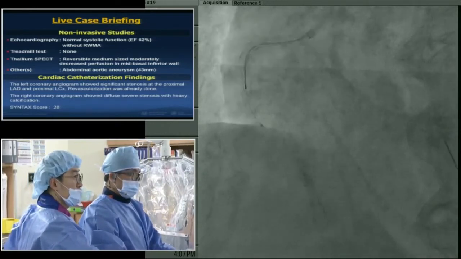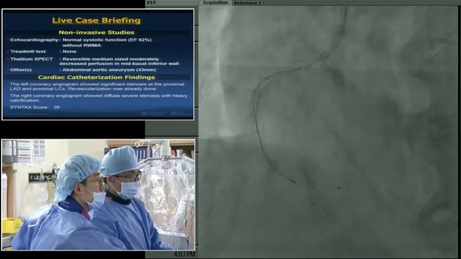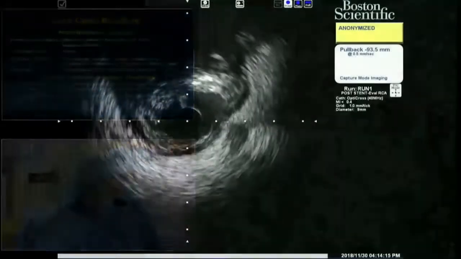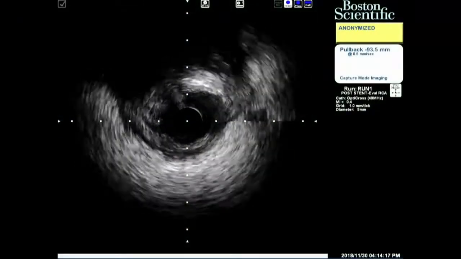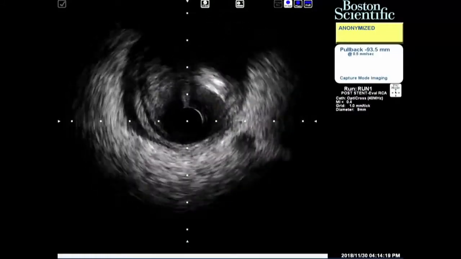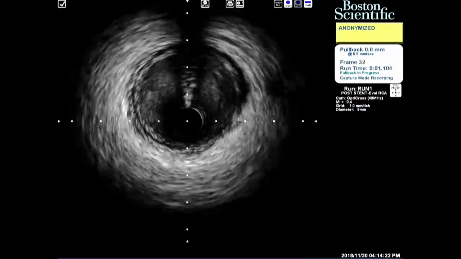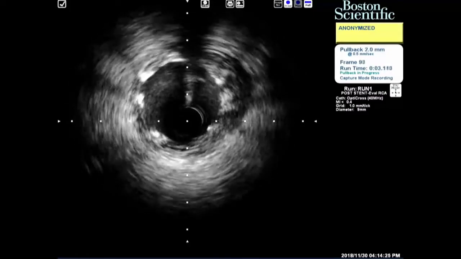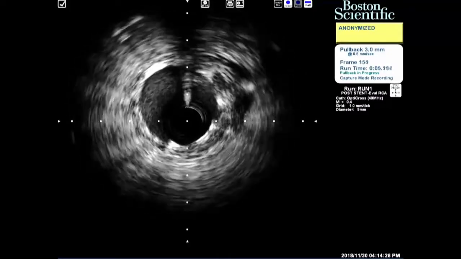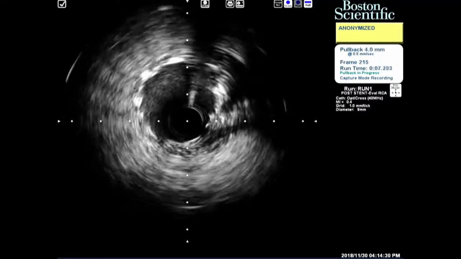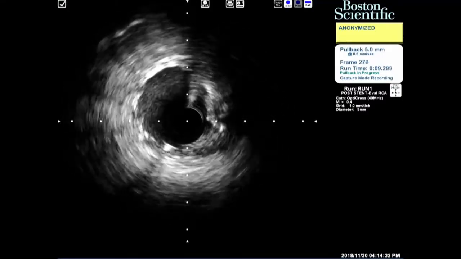According to this angiogram, the proximal part of the RCA may be a little bit underexpanded. So we need to dilate the proximal RCA a little bit more. Let's check the IVUS first. Sure. Okay, this is our IVUS finding. I think the distal landing zone is okay. The vessel size is about 3.2, 3.3.